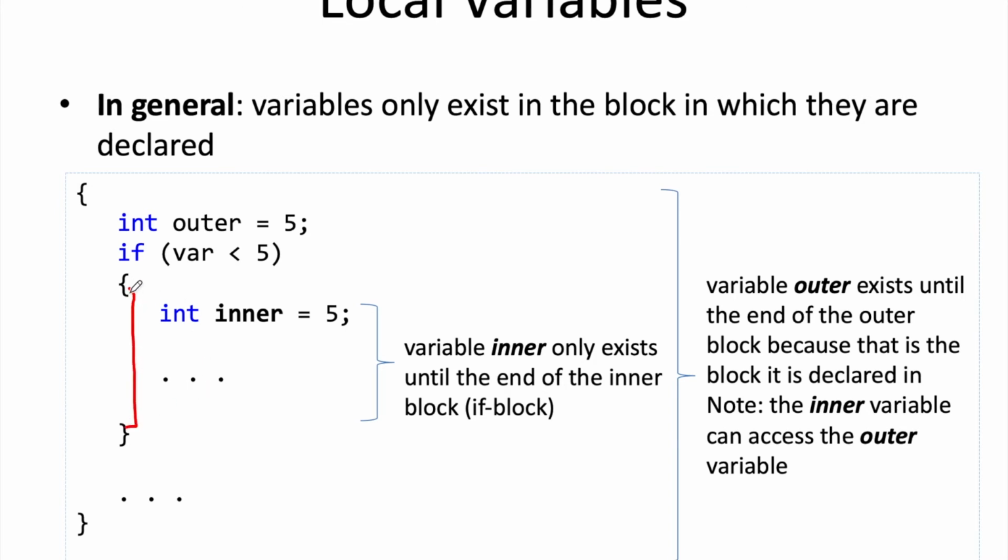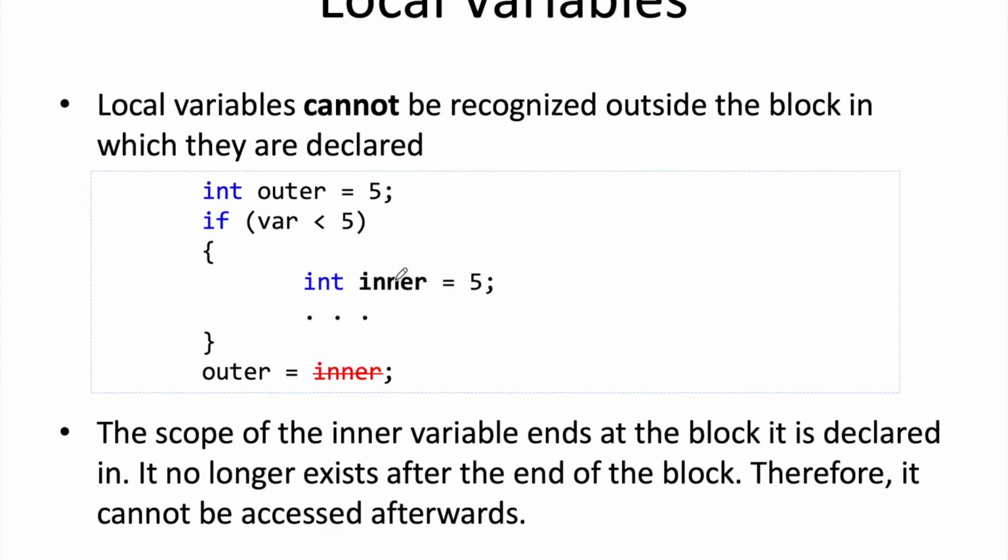So whenever the compiler executes the close curly bracket here, this variable will not exist anymore; it will be gone. Please declare a variable only where you need it, so you can release the memory for later use.